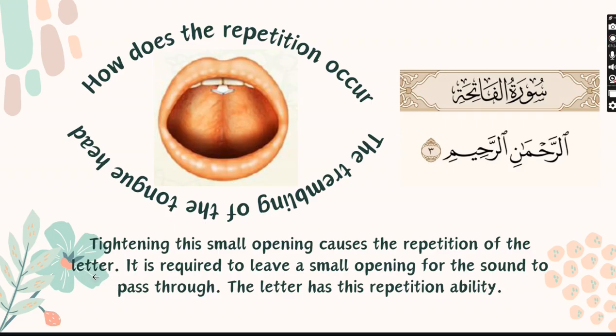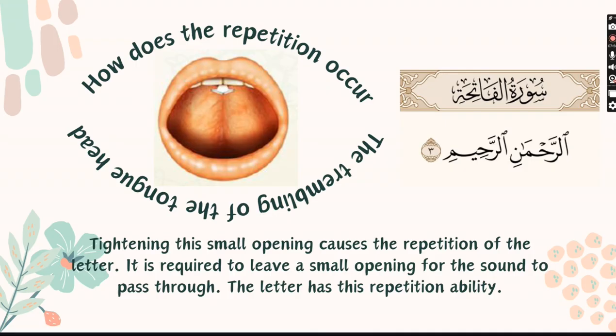So what is required? It's required to leave a small opening for the sound to pass through, because the letter Ra has this ability of repetition. It's the only letter that has this ability. So it's one of its characters, but it's not recommended to be repeated many times.